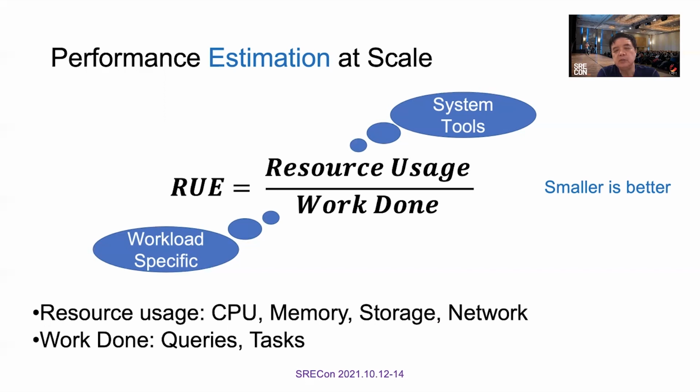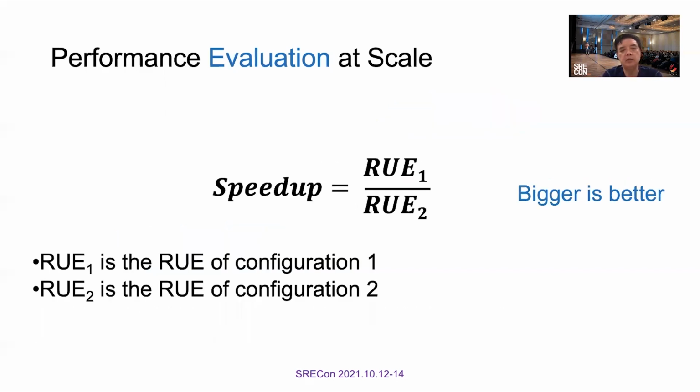We adjusted the CPU utilization with the understanding we have just shared, and we divide that by work done. That means if a software can use fewer resources doing the same amount of work, it is more effective. And that can be captured by the equation we are showing on this slide.